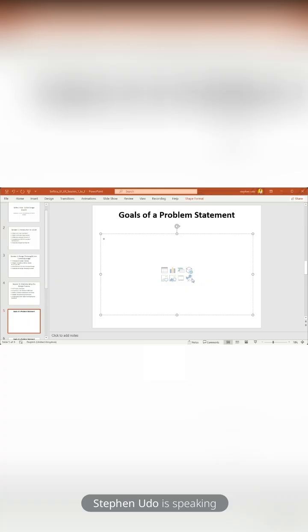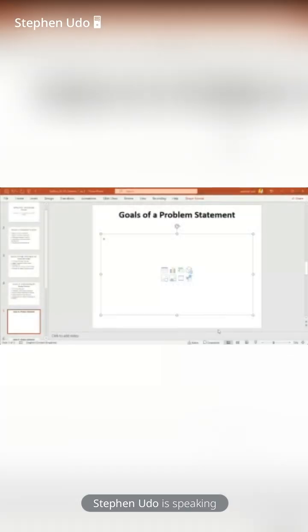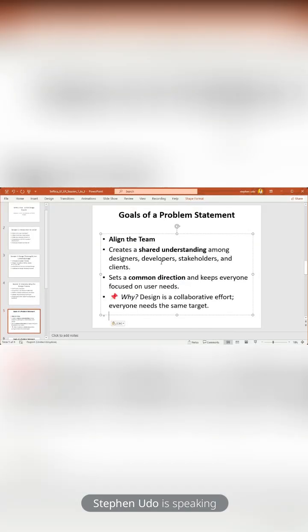The next one is that it helps you align your team. A designer is part of a team. You might think your role is not necessary, but you are the main man of that team, forget the people that write code; you are the problem solver. So it helps you align the team and create a shared understanding among team members, including other designers, developers, stakeholders, and clients.